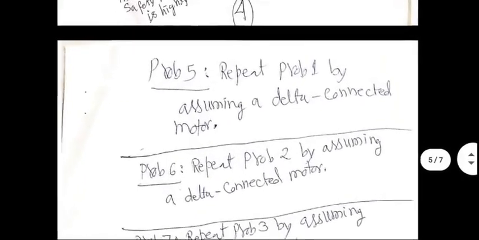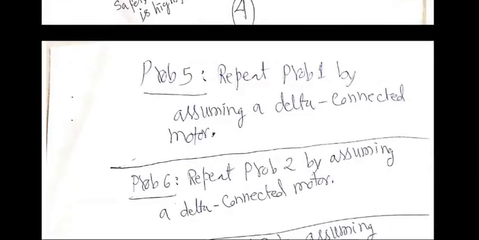In delta connection, the line voltage magnitude is same as the phase voltage magnitude. In case of star connection, line voltage magnitude divided by square root of 3 was the magnitude of the phase voltage. Okay, and also in case of star connection, line current magnitude is same as phase current magnitude, which is armature current magnitude.